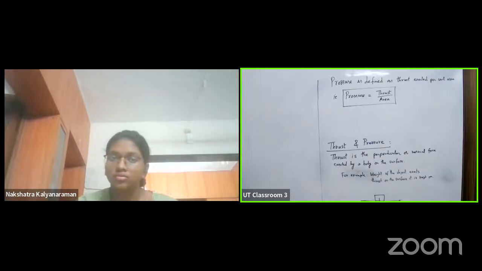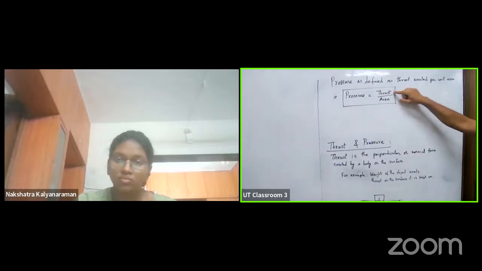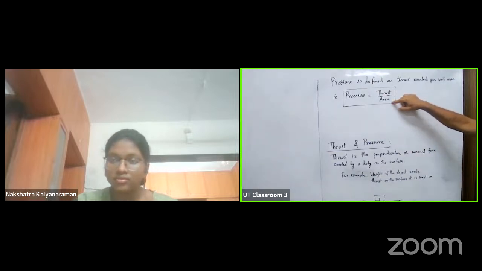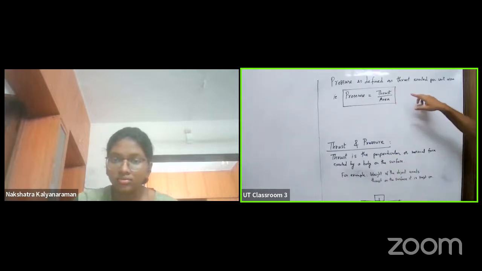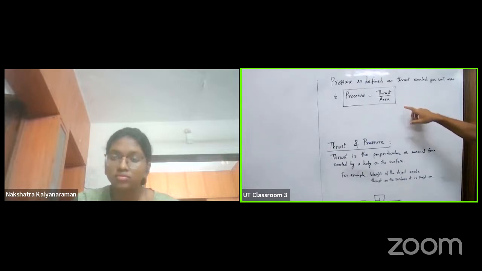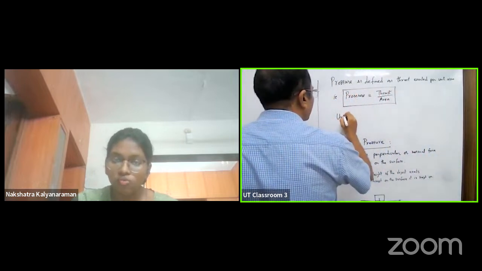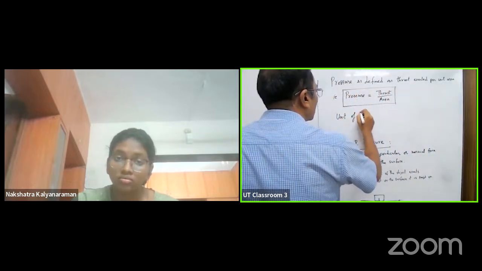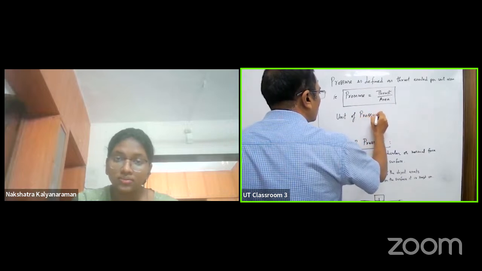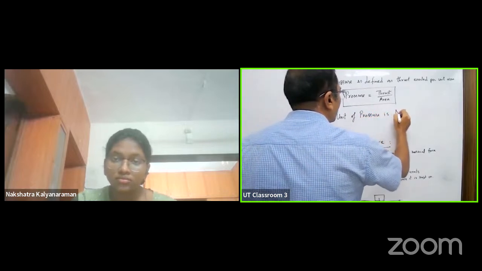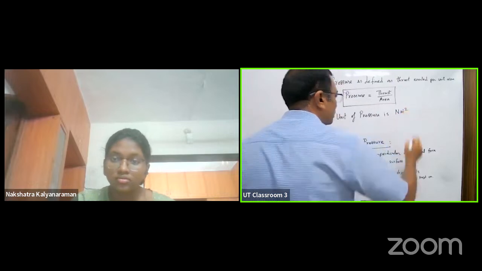Okay. So what is the unit of pressure? The unit of pressure is the unit of thrust upon the unit of area. Now what is thrust? It's a force. So the unit of force is Newton and the unit of area is meter square. So the unit of pressure is Newton per meter square.